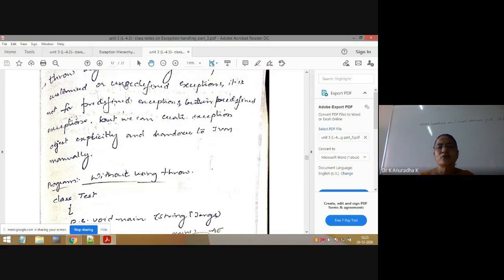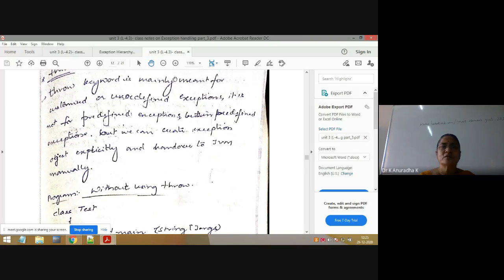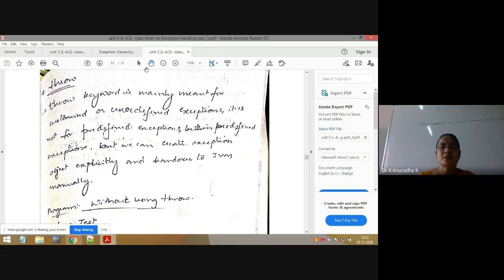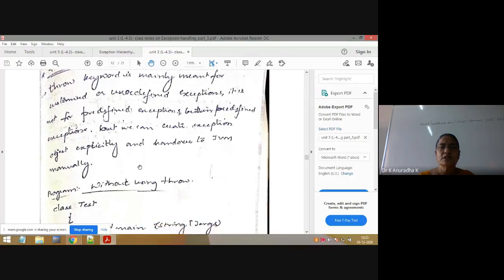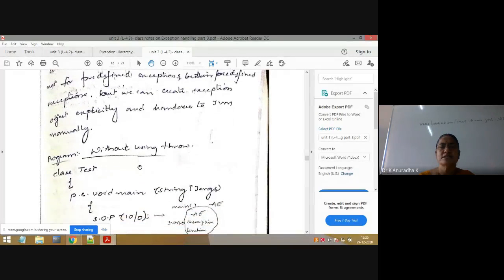When you write programs using user-defined exceptions, there again we will discuss this throw keyword. Even though the throw keyword is mainly used in user-defined exceptions, in predefined exceptions also we can use it. Here I will explain how to use the throw keyword in the case of predefined exceptions.